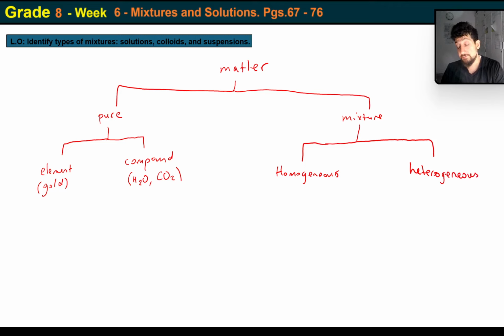Homogeneous mixtures are things like vinegar, apple juice, salt with water. Okay, they are clear solutions. And solutions are clear. You can see through them. They're transparent. Solutions are made from two things.